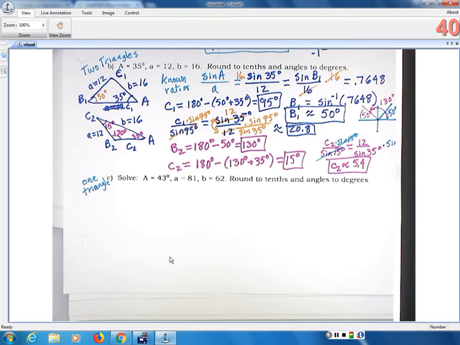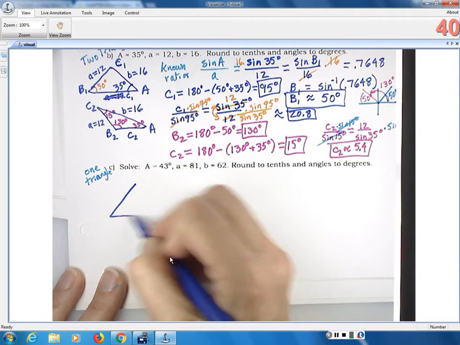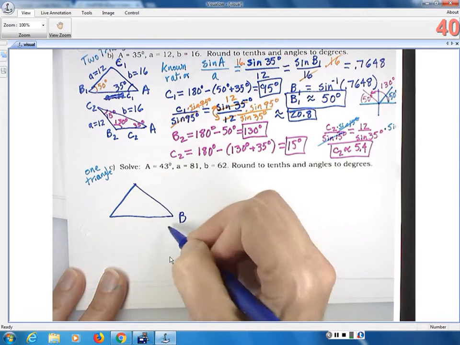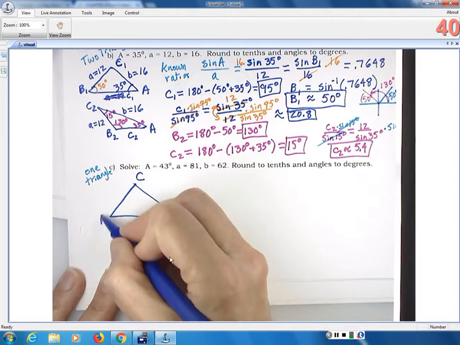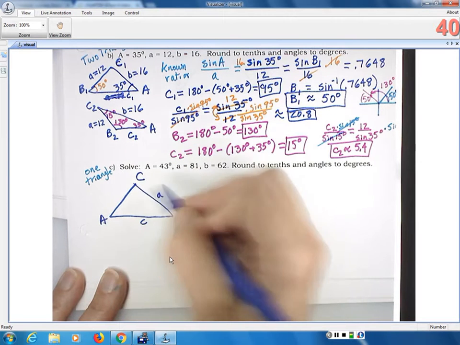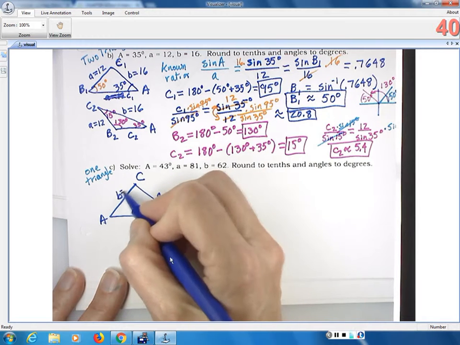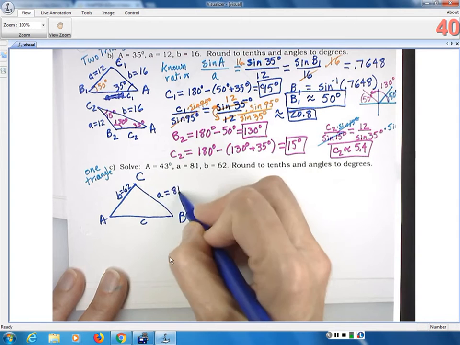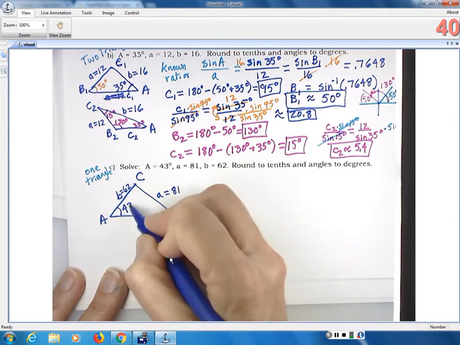So here I drew the picture. B, small c, capital C, small a, big A, small b. Okay, so small b is 62, small a is 81, A is 43 degrees.